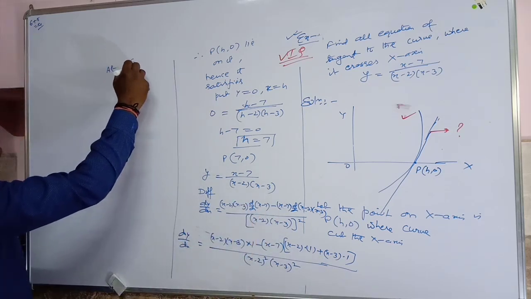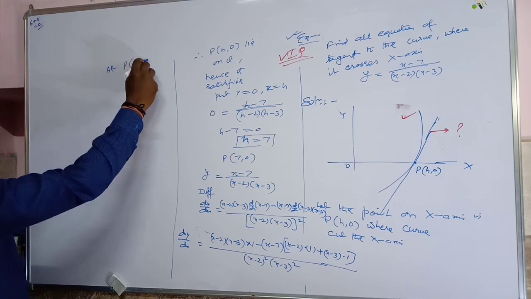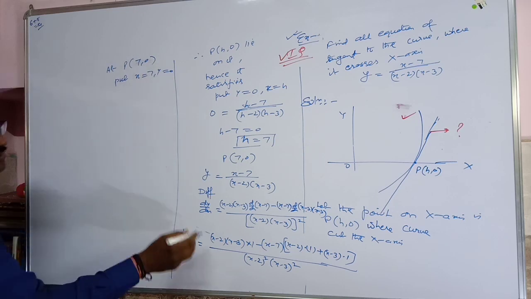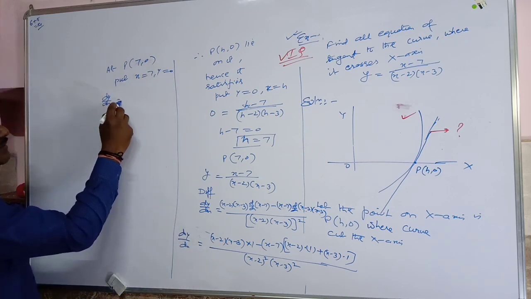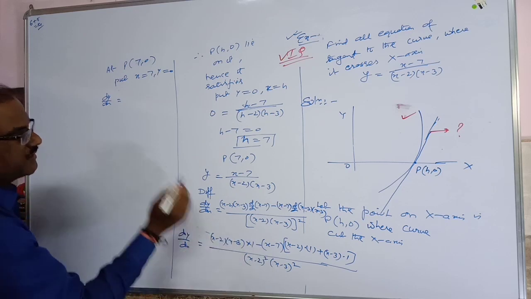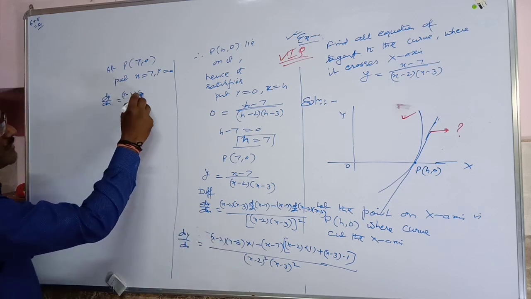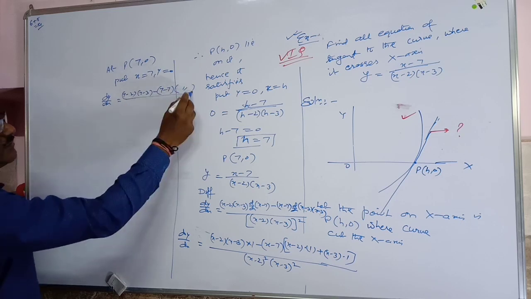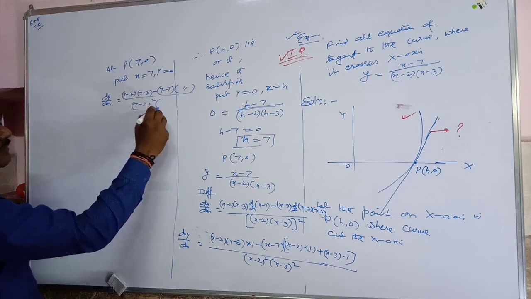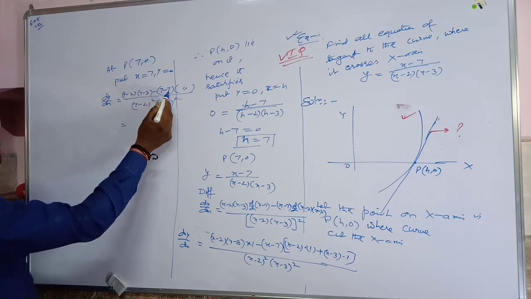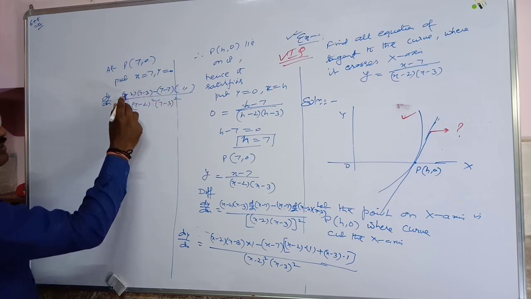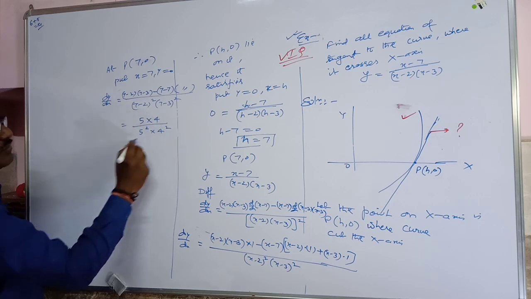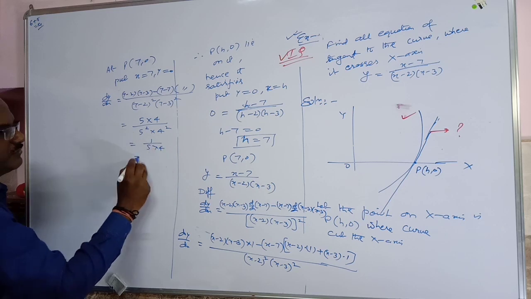At P(7, 0) यानी पुट करेंगे x की वैल्यू 7, y की वैल्यू 0 here. तो क्या होगा देखिए, while you put x is equal to 7 here, तो 7 minus 2 and 7 minus 3, minus 7 minus 7 and the entire term whatever it may be, this is going to be 0. This part वो ख़त्म होने वाला है. 5 और ये 4 आया, 5 का स्क्वायर आएगा और 4 का स्क्वायर. In that way you will be left with 5 and 4.